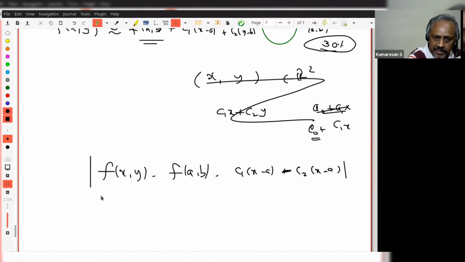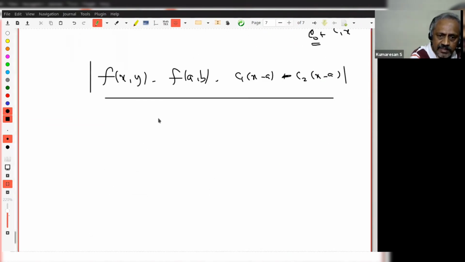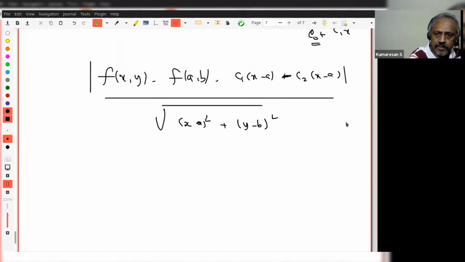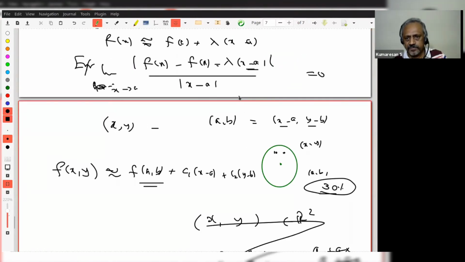This is the error that should go to zero faster than the distance as (x, y) goes to (a, b). What is that distance? That is the square root of (x minus a) whole squared plus (y minus b) whole squared. The limit as (x, y) goes to (a, b) of this ratio should be 0. This is exactly analogous to the one variable case.